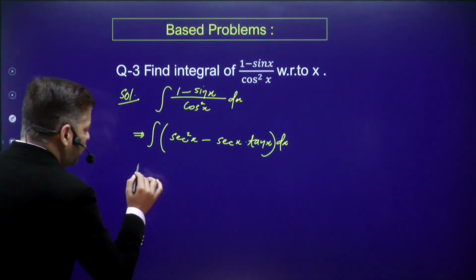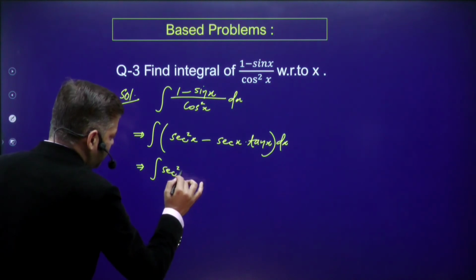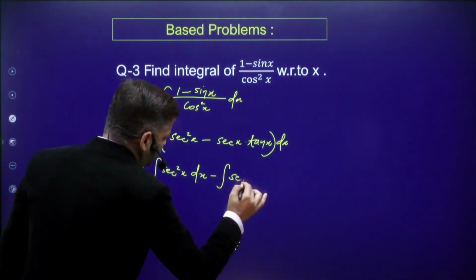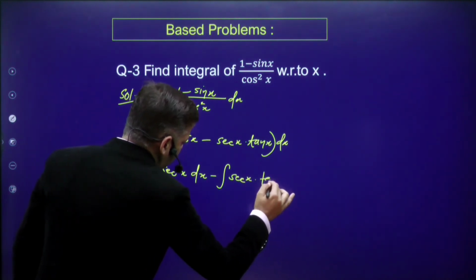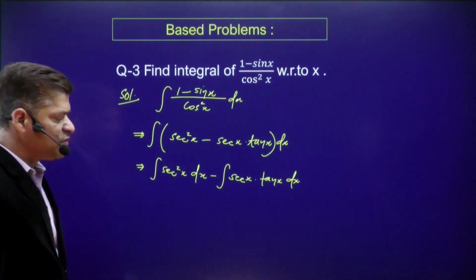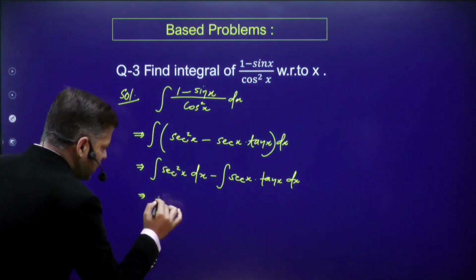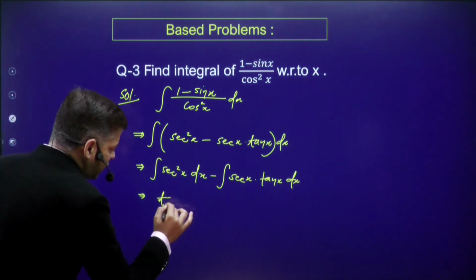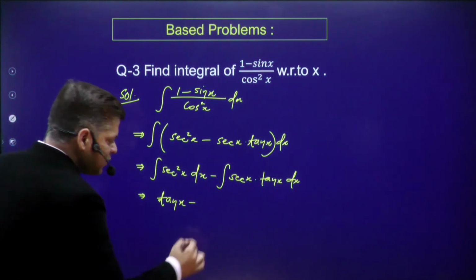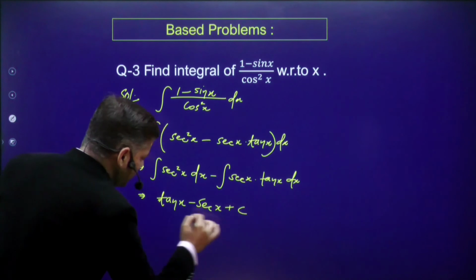Okay, now we separate the function: integration of sec square x dx minus integration of sec x into tan x dx. By using the standard formulas, you can easily find that the integration of sec square x is tan x, and the integration of sec x tan x is sec x plus c.